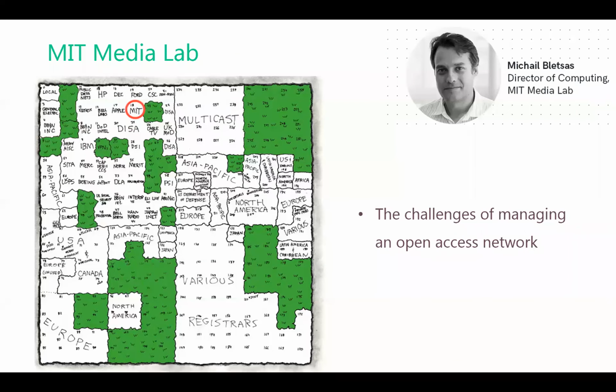MIT is a typical large university, and in that sense, it has a lot of exposure on the open internet. MIT was one of the last holdouts in the university space of a Class A network, Network 18. Because of that, we have always put our hosts directly on the internet.